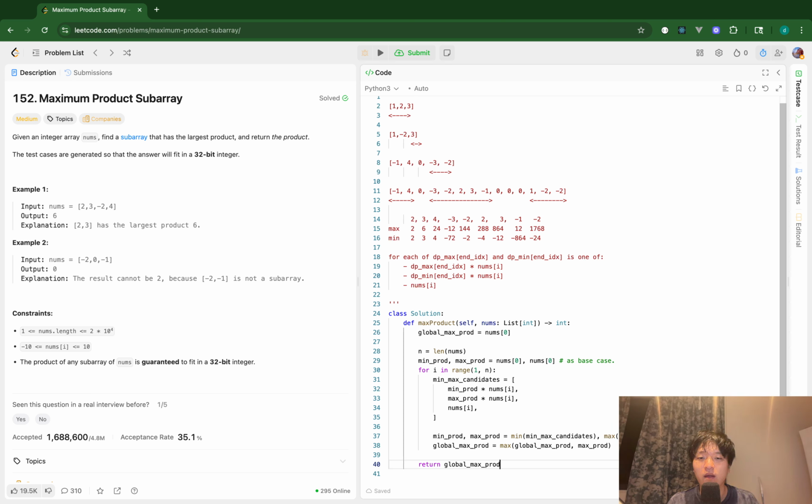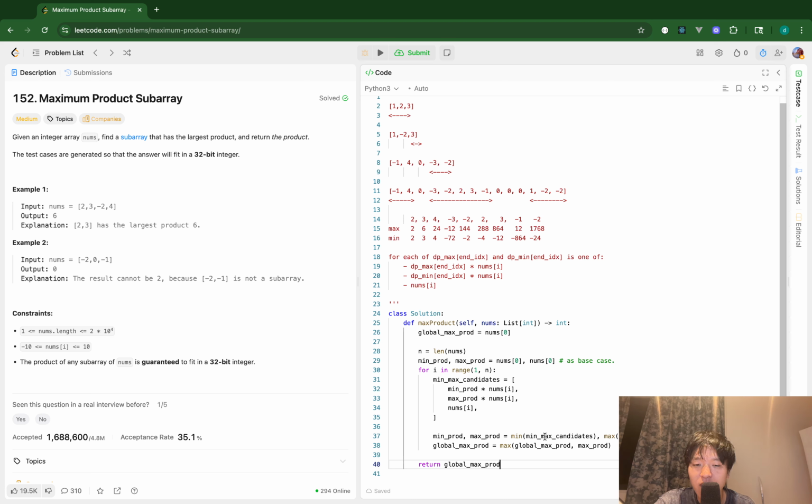Oh, and as I said, I forgot the case of 0. So if 0 occurs somewhere, all of these min and max candidates become 0. And min product and max product will be 0. This is correct.